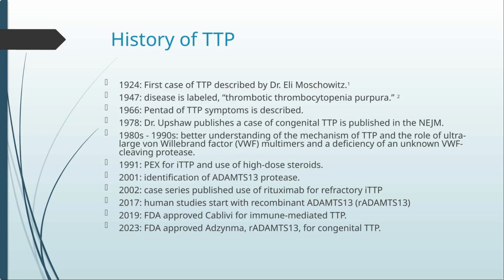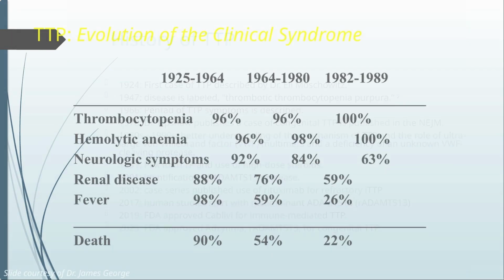In 2019, the FDA approved Cablivi for immune TTP. And then in 2023, the FDA approved Adzynma for congenital TTP. Really, there's been an evolution in recognizing and treating TTP from Dr. Moskowitz's initial case in which he described this pentad of symptoms.